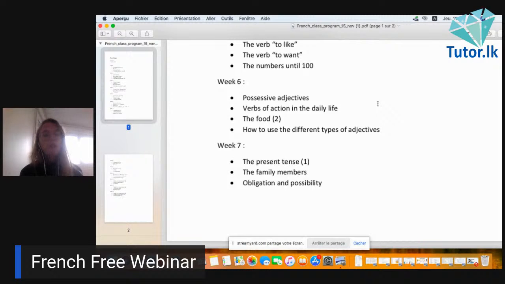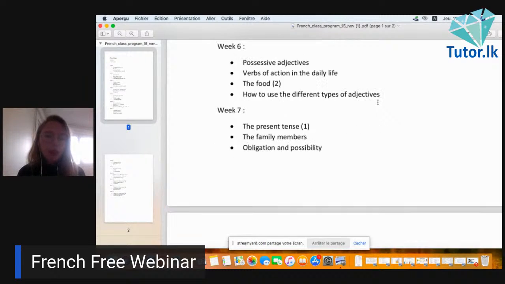So present tense, it's very intensive, so that's why I put it in 3 parts to study it. So you'll see, week 7 we'll see the introduction, then also the family members and the obligation and possibility.